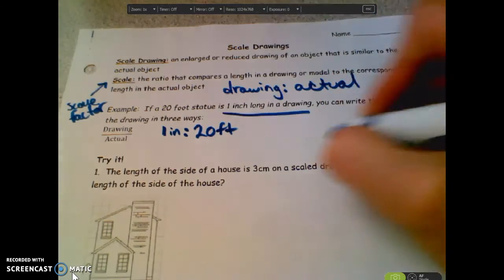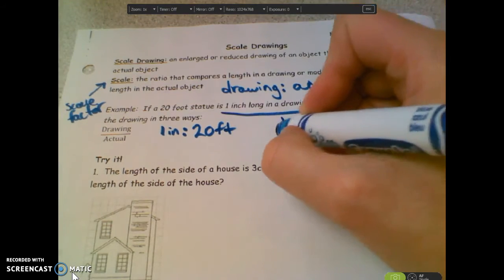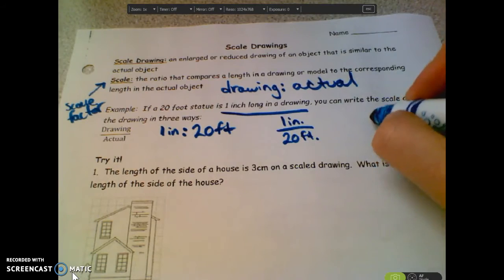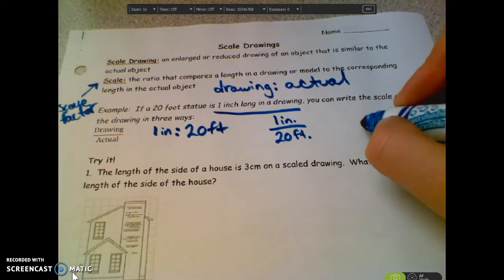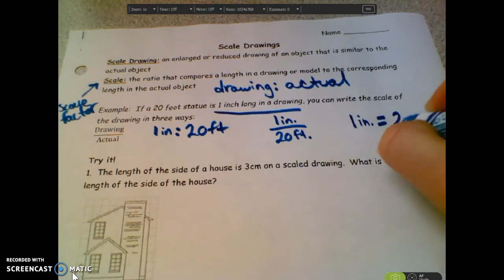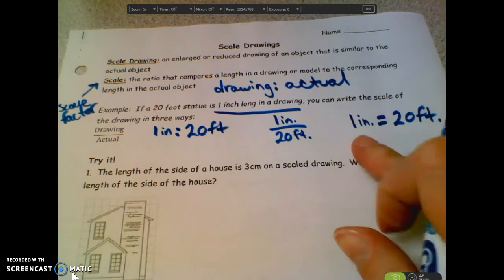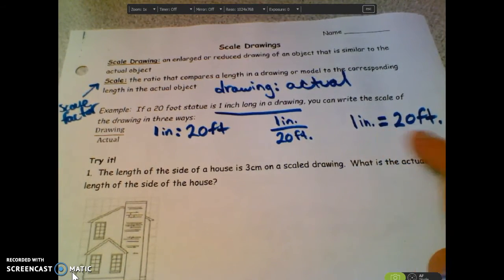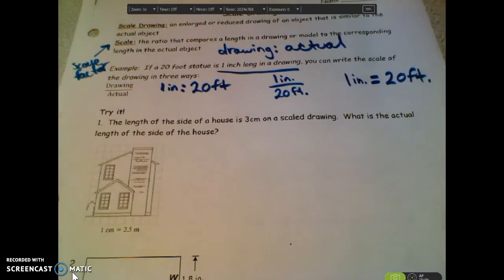Or we could show it using the fraction bar, 1 inch to 20 feet. And the third way that we could actually show a scale is by using an equal sign. So 1 inch equals 20 feet. Now this makes sense because what we're saying is that in the picture, 1 inch is the same as equal to 20 feet.